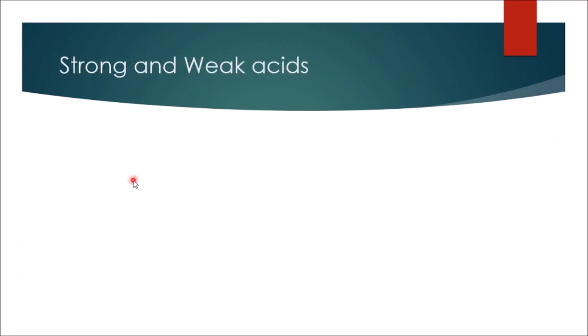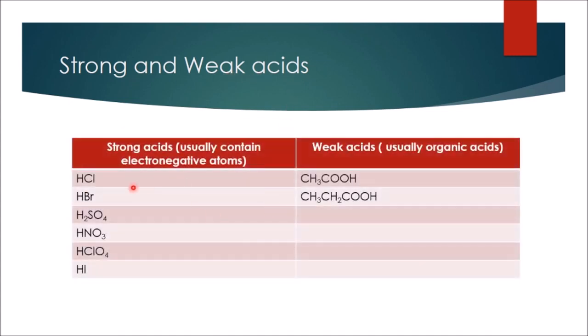On the basis of acidity and basicity, we divide acids and bases into two categories: weak acids, strong acids, and weak bases, strong bases. So let's look at strong and weak acids first. All those acids which contain any electronegative atom in them, like Cl, Br, sulfur, oxygen, nitrogen, iodine, are considered strong acids.